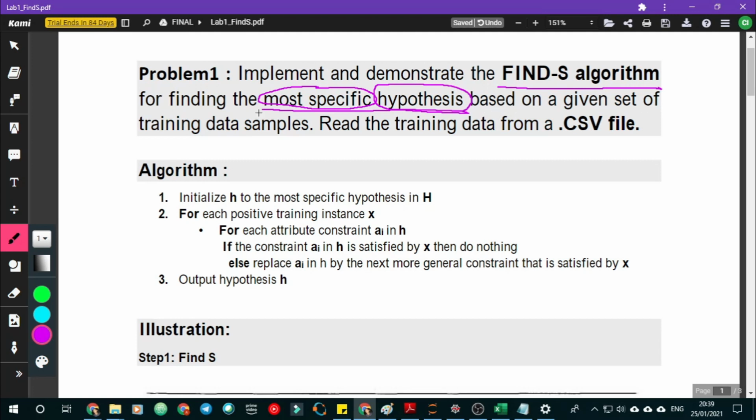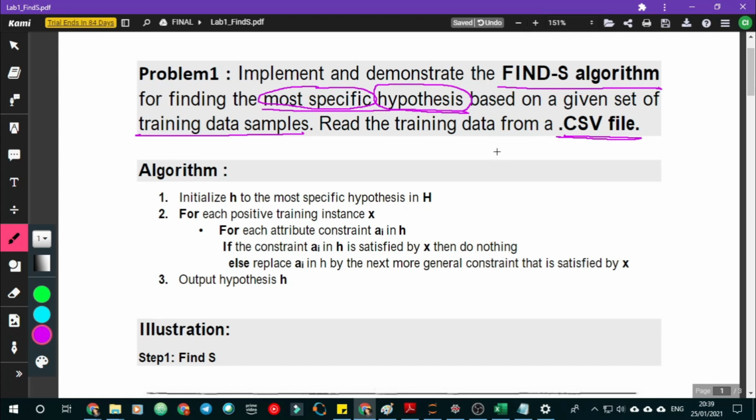Based on a given set of training data samples. So we have training data samples over here, a set of training data samples, so that we can make our hypothesis specific by reading the data samples one by one from the data set. And this data set is stored in a CSV file, so that's why: read the training data from a .csv file.